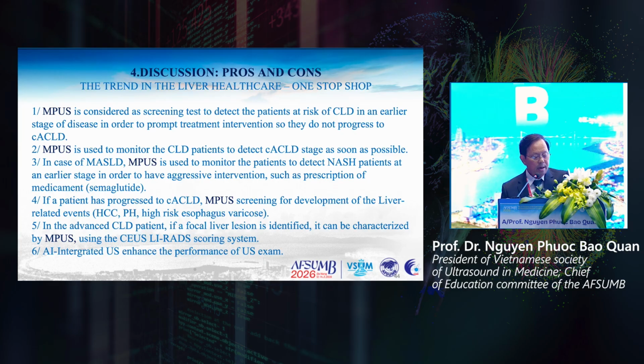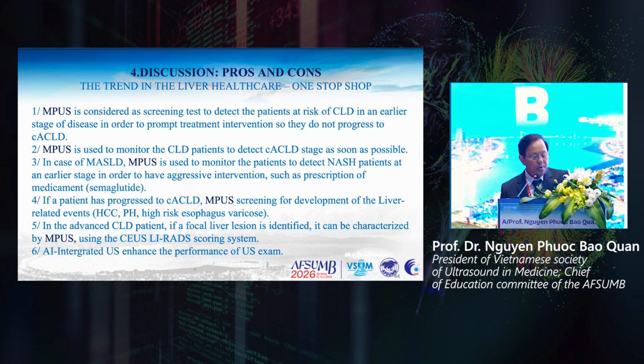early liver-related events such as HCC, portal hypertension, and high risk of varices in advanced chronic liver disease. If we find a focal liver lesion, we can use multi-parametric ultrasound to diagnose focal liver disease via CEUS.